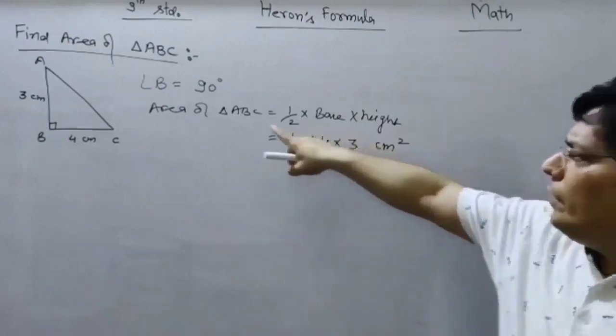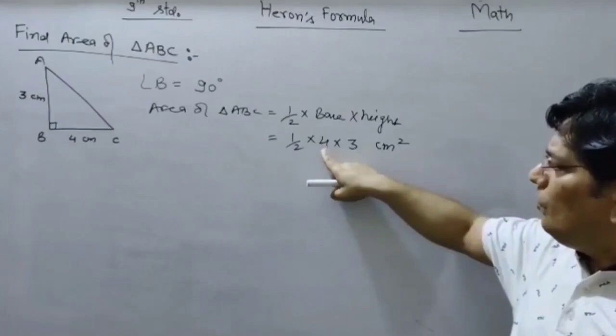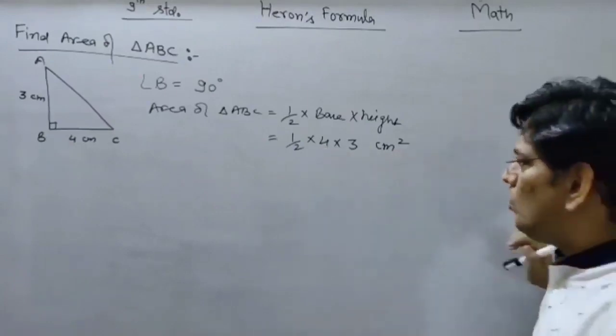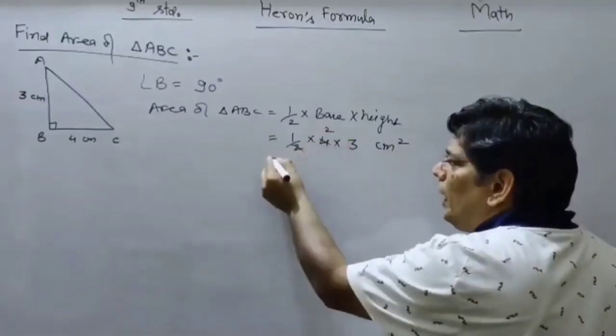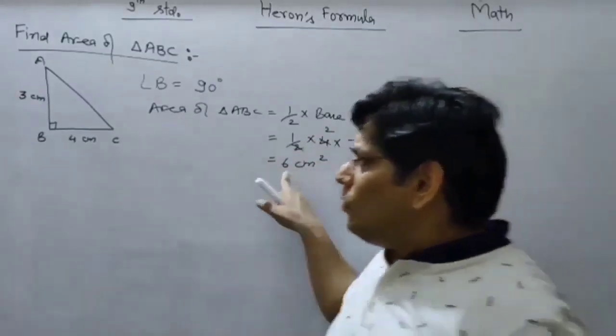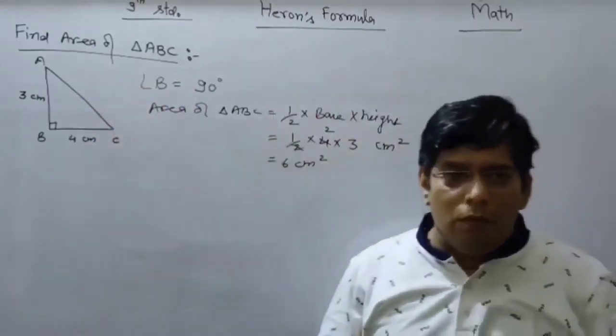Whenever we calculate the area, the unit will be centimeter square, because this centimeter and this centimeter will be multiplied, and you will get centimeter square. So now 6 centimeter square will be the area using the right angle triangle and half into base into height.